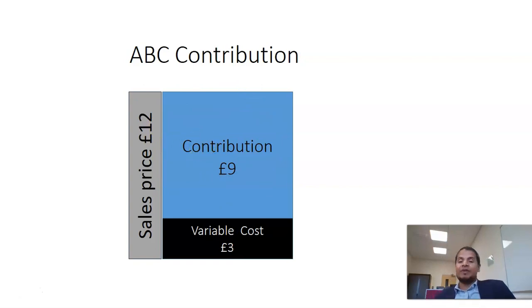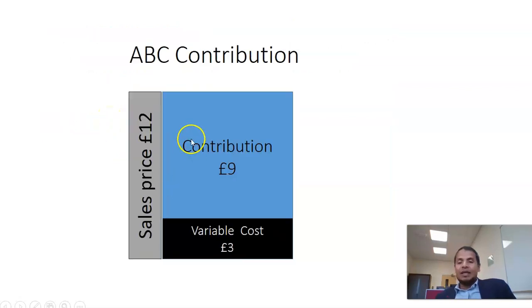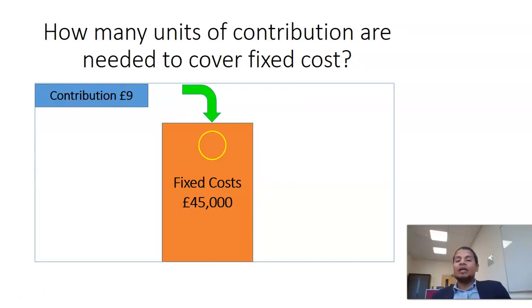So £9 is the contribution, that is sales price 12 minus variable cost 3. This contribution will cover the fixed cost. If your total contribution equals total fixed cost, then you are at the break-even point. Or total revenue equals total cost, also the same, where we consider the variable cost as well.